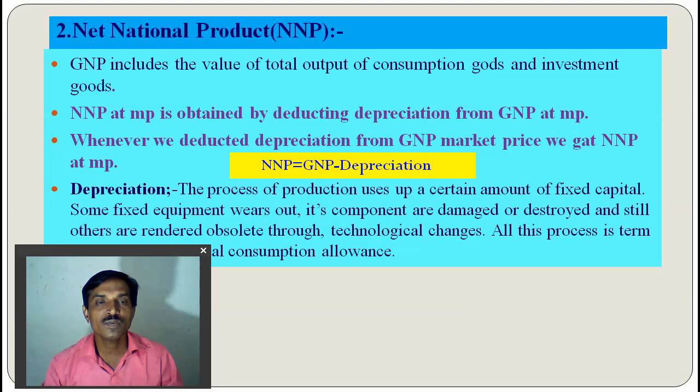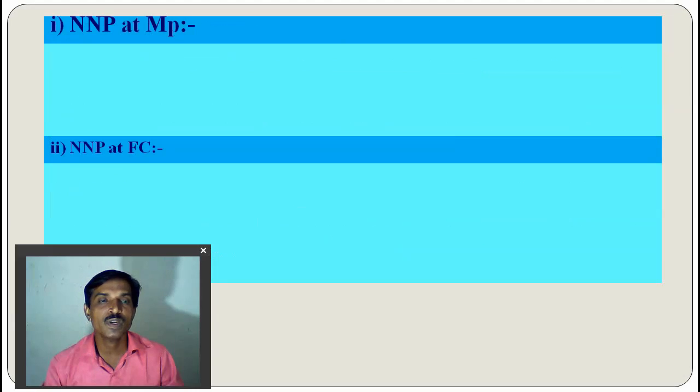So whenever we count the net national product, we subtract the depreciation from the GNP and we get the NNP, the net national product.